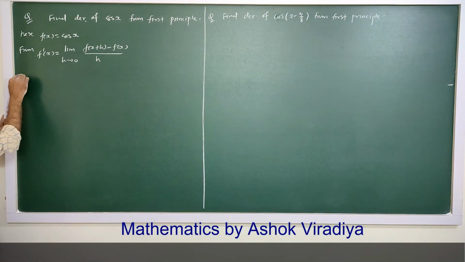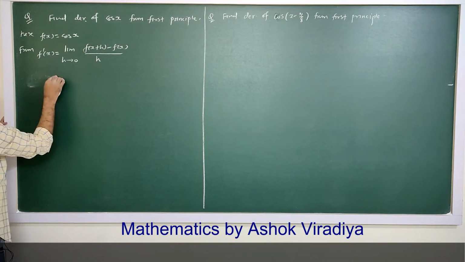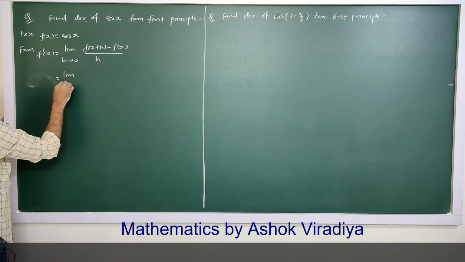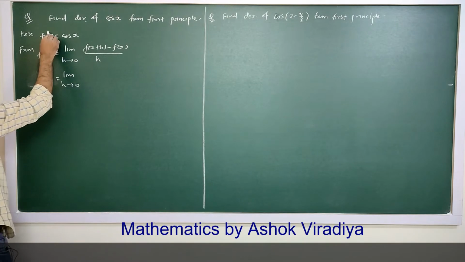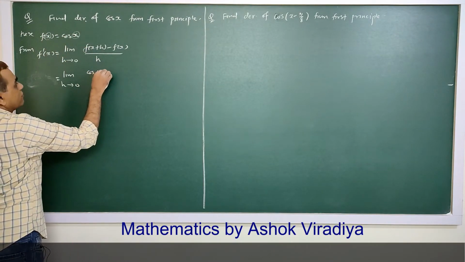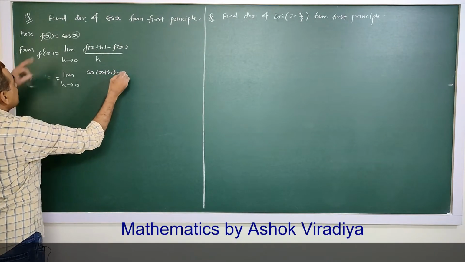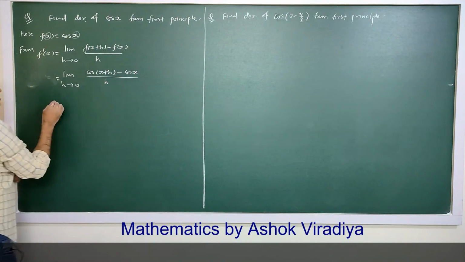So f dash x is equal to limit h tends to 0, f of (x plus h). Put here x plus h. So this will be cos of (x plus h) minus f(x), which is cos x, upon h.